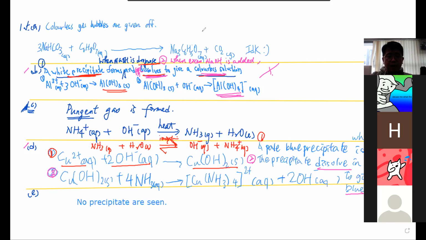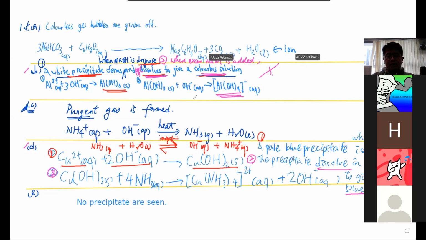Now, how about E part? You write down as no precipitate is seen. Which means that at the very first moment, while I add one drop of ammonia to zinc sulfate, no PPT, or you just tell me the final result. Who just answered E part?